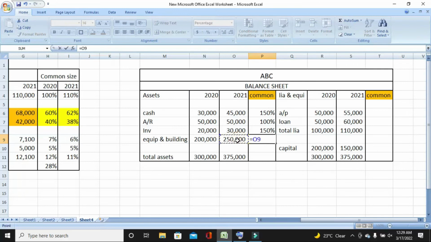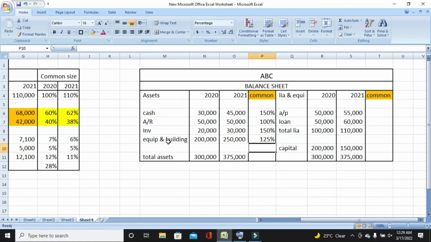So we divide this figure with this figure. Again, there is an increase in equipment and building. This is another asset. So again in 2021, our equipment has increased 125% if we compare it with 2020. So in 2021 we required more equipment and building than in 2020.